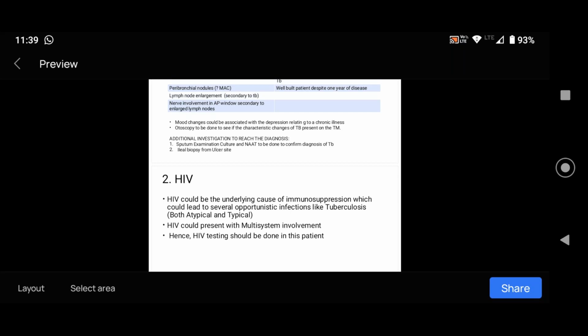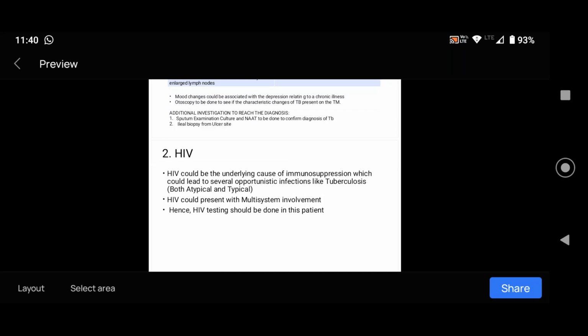Okay, can I interrupt you here? Yes, ma'am. So what you have described as TB, one of your most important differential diagnoses, is very well taken. You highlighted that he has not responded to whatever ATT was given, and the patient was very well preserved despite being ill for more than a year. That is a tremendous observation to make.